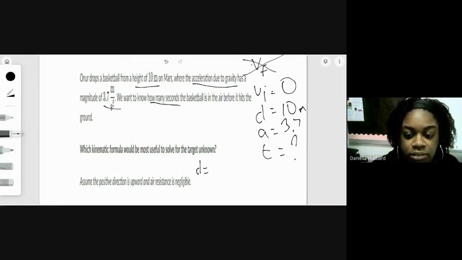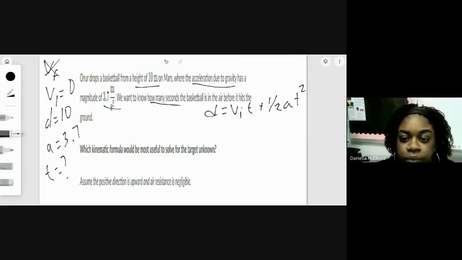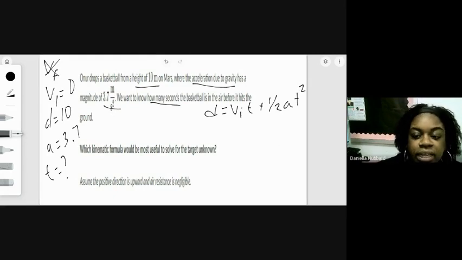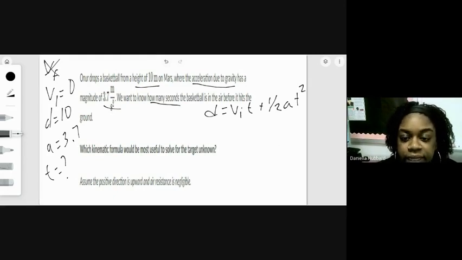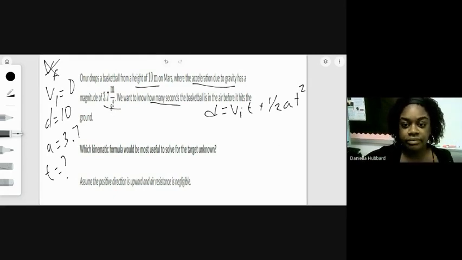D equals VI T plus 1/2 A T squared. Okay, so now we're going to take our information and just plug it into our equation.